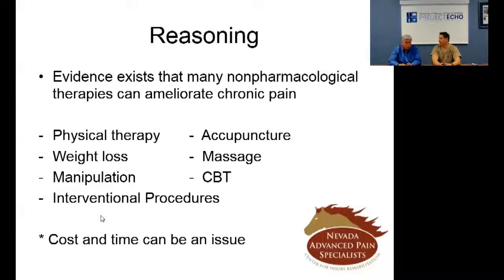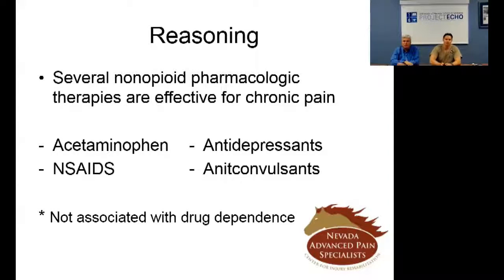And that may be a time for CBT therapy as well to help the patient through that process, especially when they're weaning off. It can be a very difficult and stressful situation for the patient. Any other questions? All right.